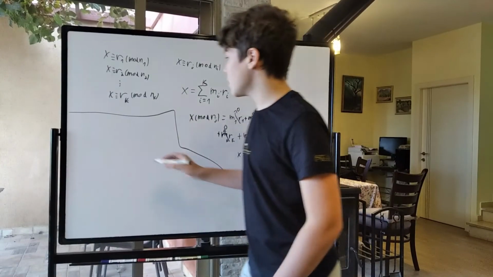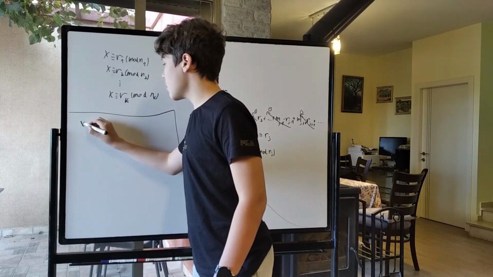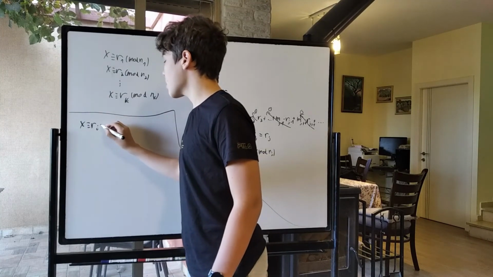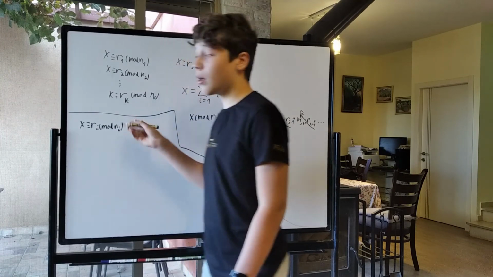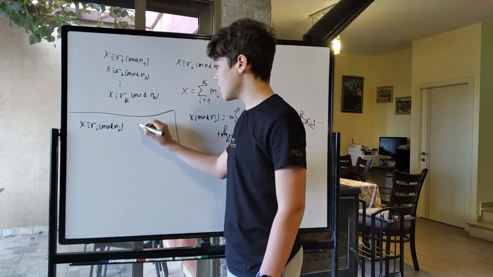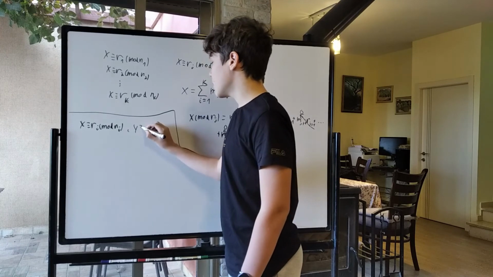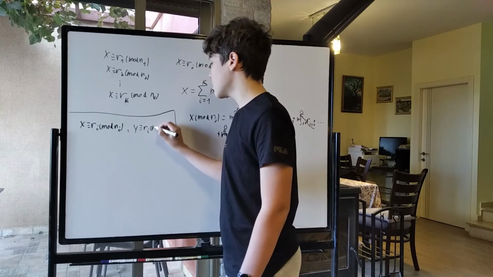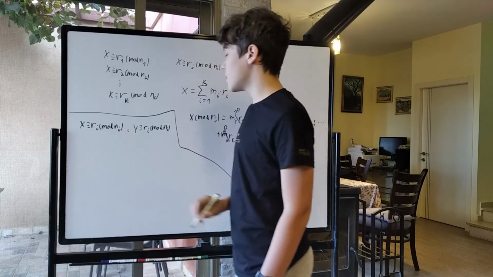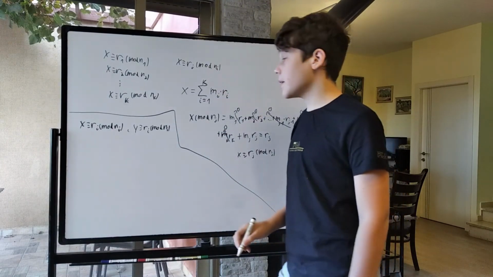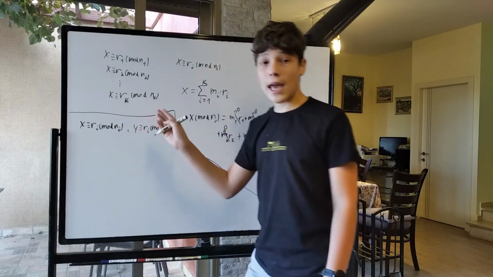So let's begin. x is congruent to ri mod ni for all i between 1 and k, and same thing for y. It's congruent to ri mod ni.